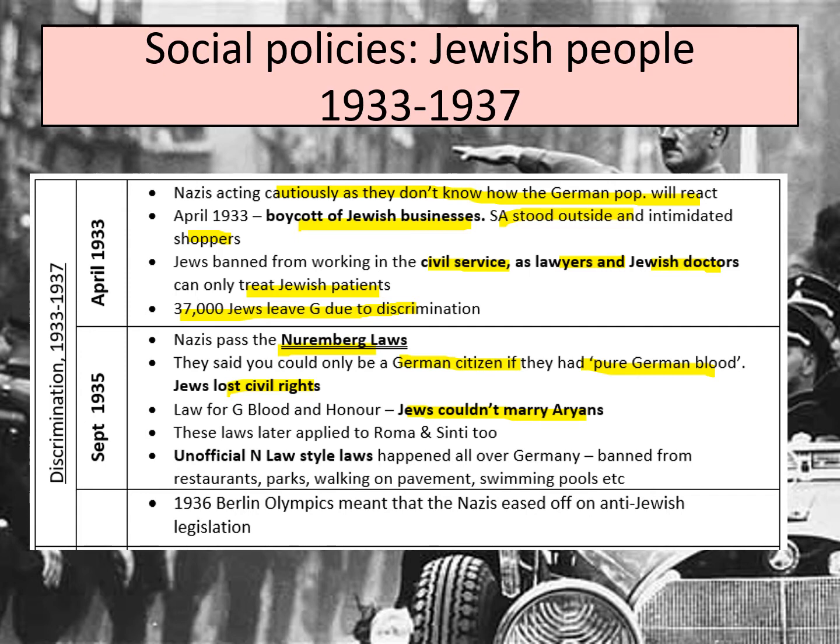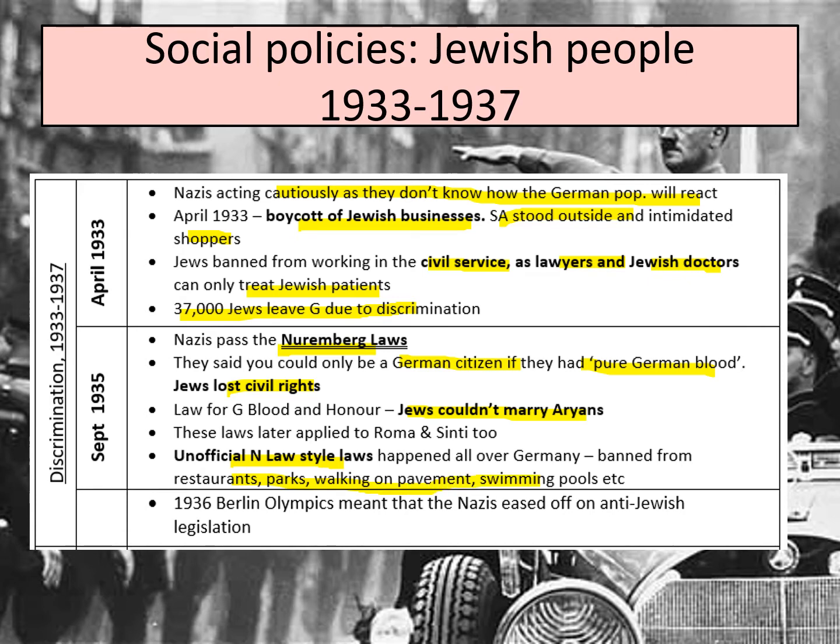Now, there were those two official Nuremberg laws saying that you could only be a German citizen if you had German blood, and saying that you couldn't marry an Aryan citizen if you didn't have the German blood. But they also introduced loads of unofficial Nuremberg-style laws all over Germany that banned Jewish people from restaurants, parks, walking on the pavement, swimming pools.